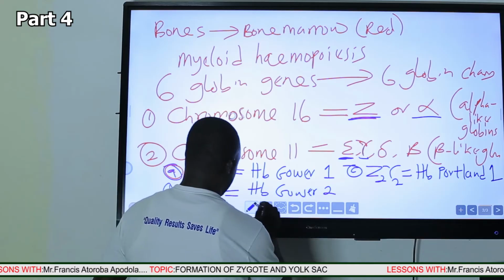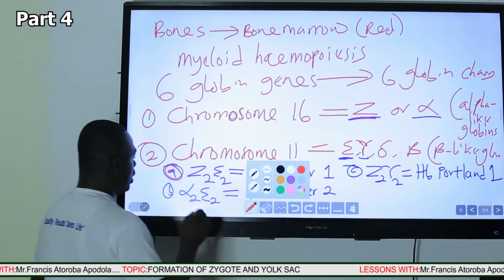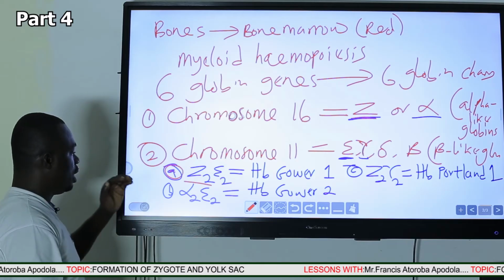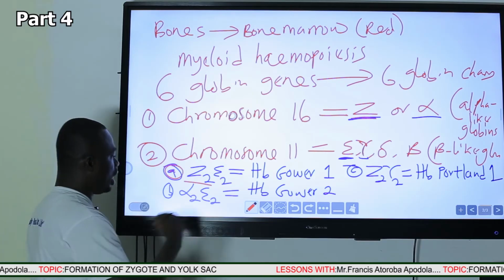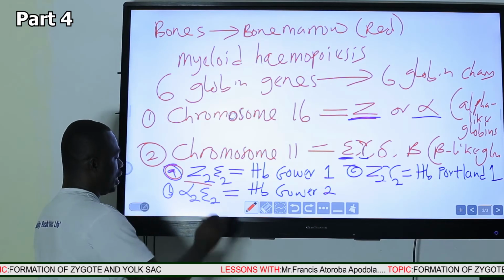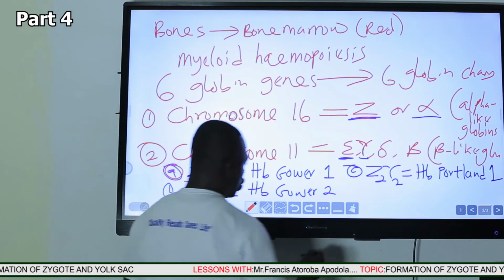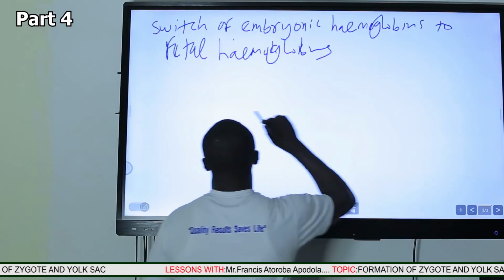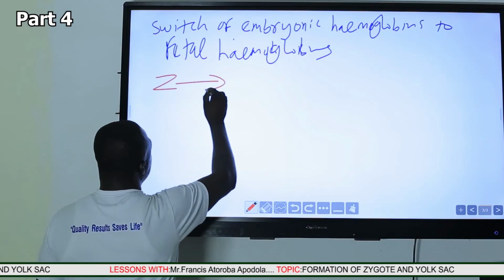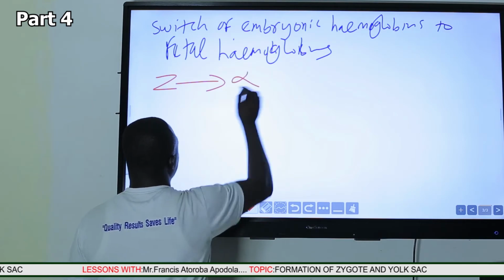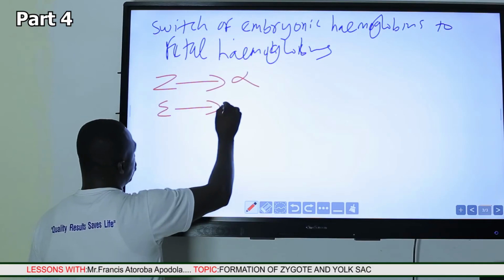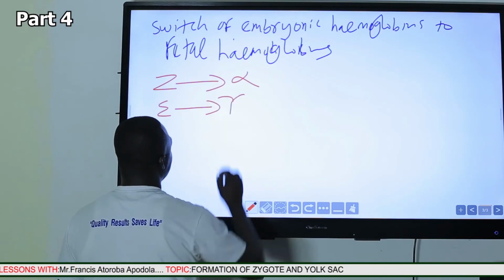The zeta chains will switch to alpha chains, and the epsilon chains will switch to gamma chains.